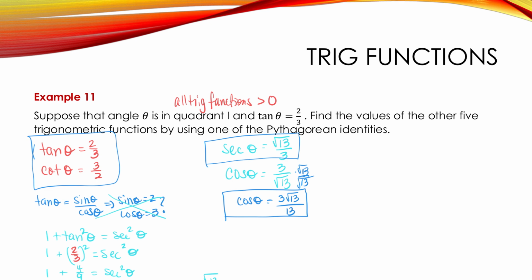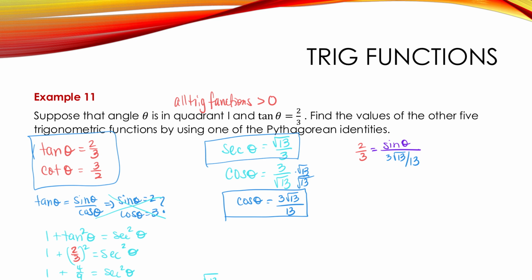Well, we know what tangent is, we know what secant is, and we know that tangent is sine over cosine. So if tangent is 2/3 and it's equal to sine theta, which we don't know, over cosine theta, which we do know, which is 3 root 13 over 13, what we need to do is solve for sine.